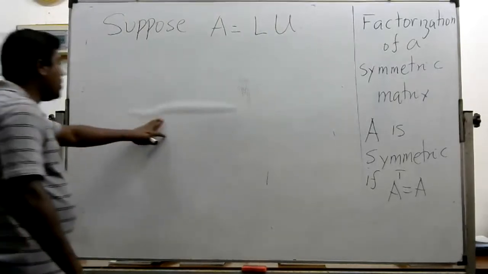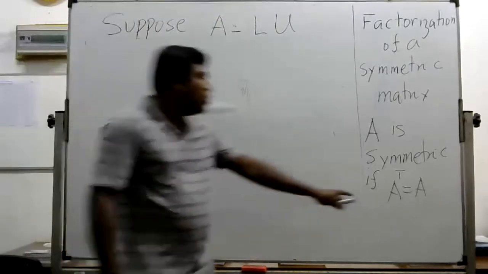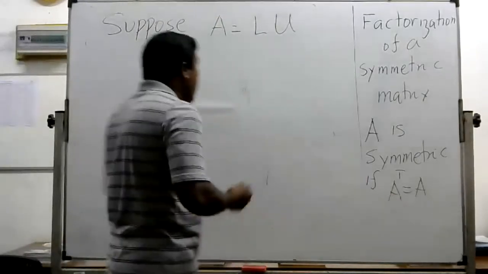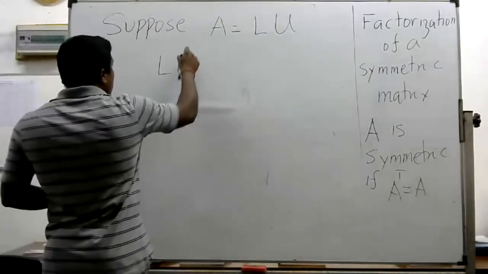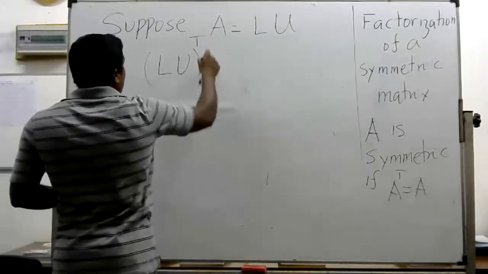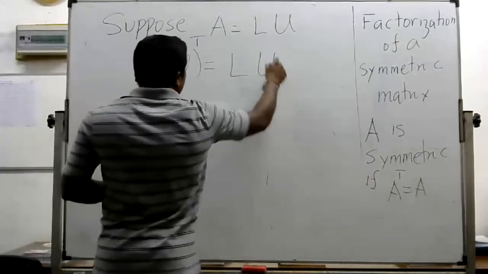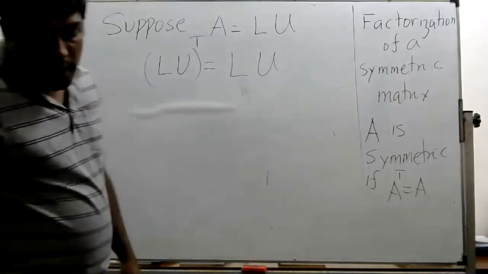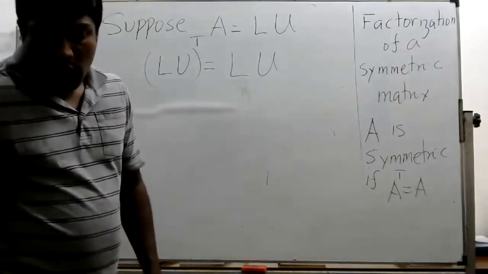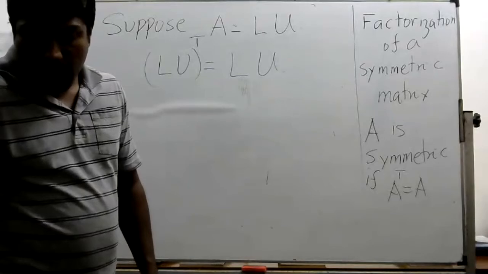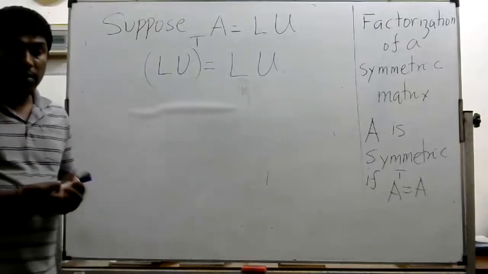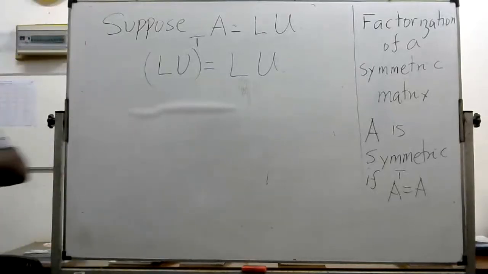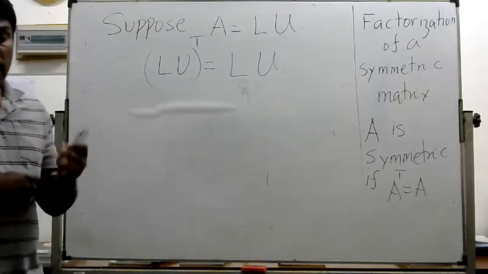Suppose A is equal to LU, but A transpose is equal to A. So if A is LU, then A transpose is A, so (LU) transpose is equal to LU.